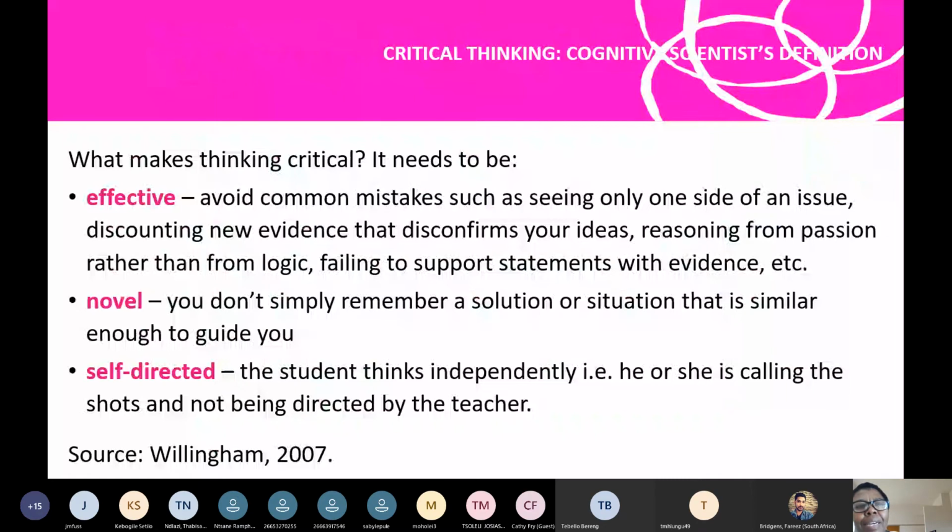And what makes critical thinking? Okay, you have already mentioned this. One, it must be effective, meaning that you will need to avoid making mistakes such as seeing one side of an issue. You need basically to research and to research and to research.